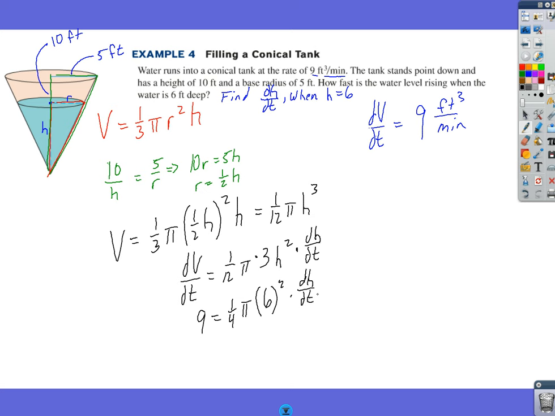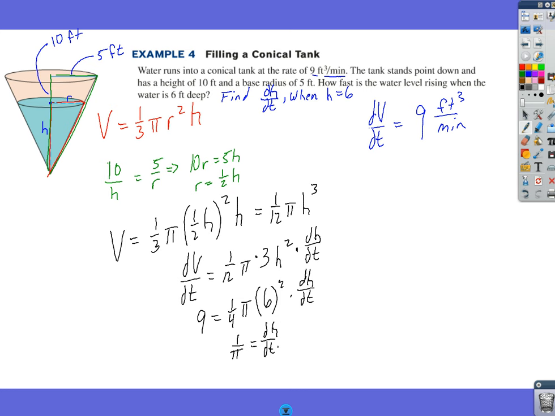Well, 6 squared is 36. 36 divided by 4 is 9. Divided by 9 pi on each side, I get 1/pi is equal to dh/dt. And there's my answer. Now I need to make sense of it.